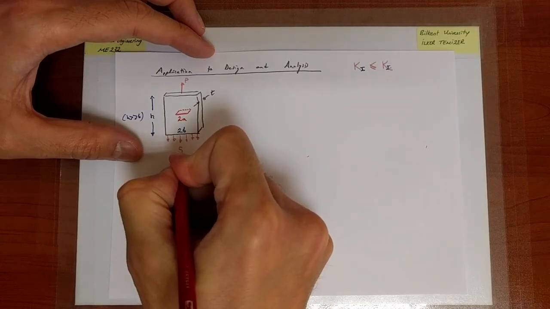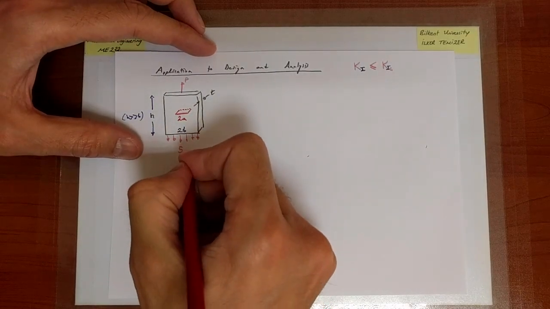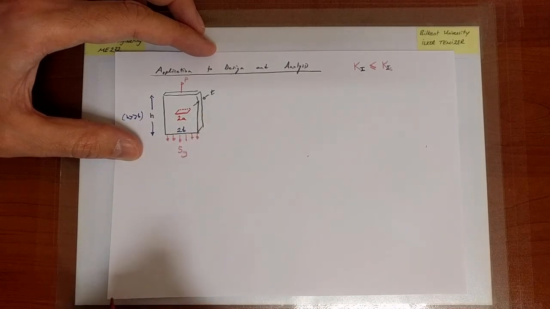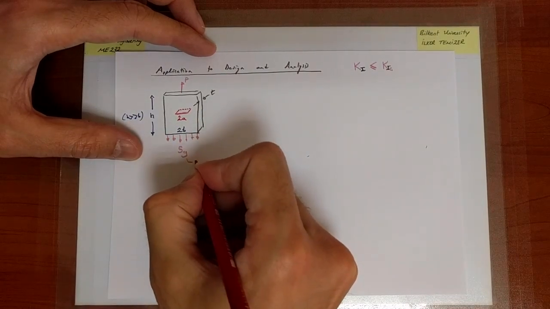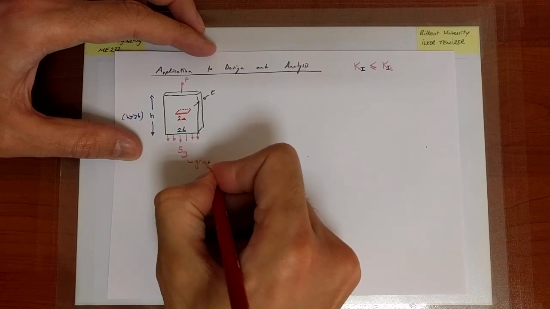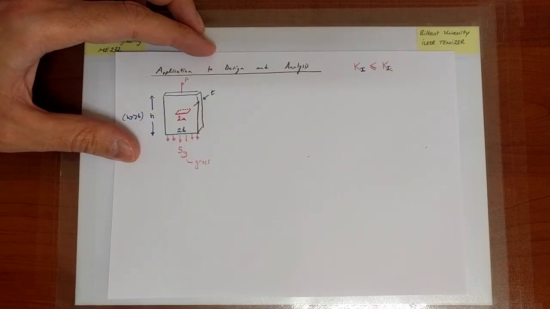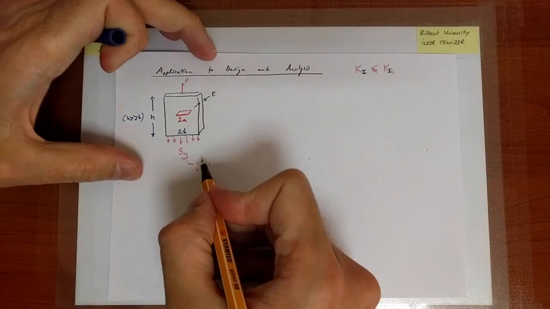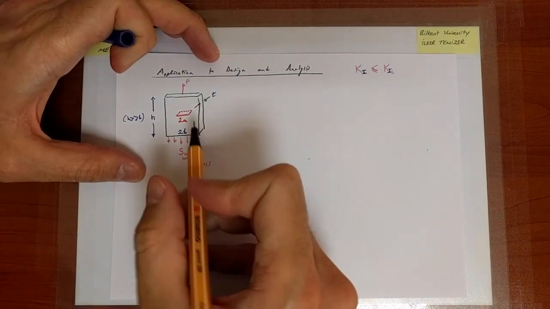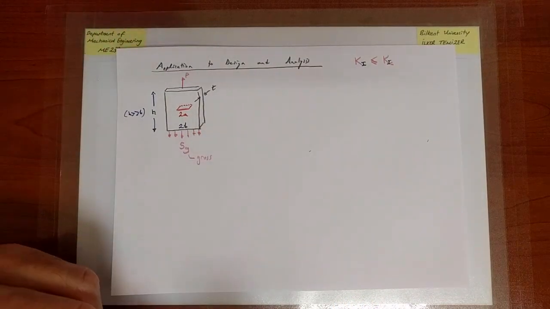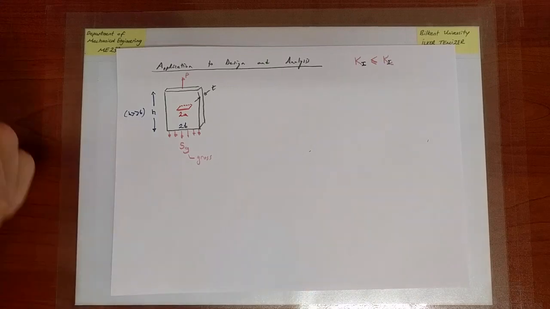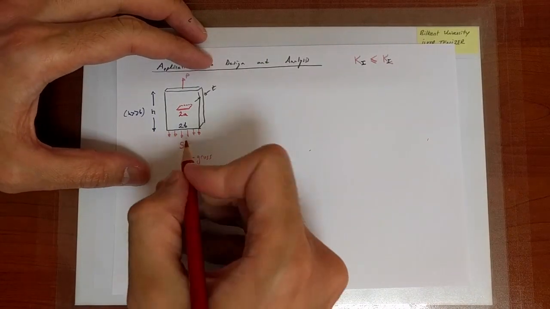Now, from now on, instead of S, we are going to use the notation SG, and G here stands for the word gross, to remind ourselves that this is different from the average stress at the cross section where the crack is present. So first, let us define what SG is.